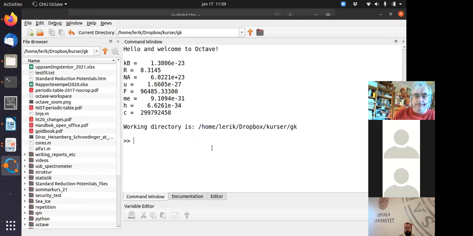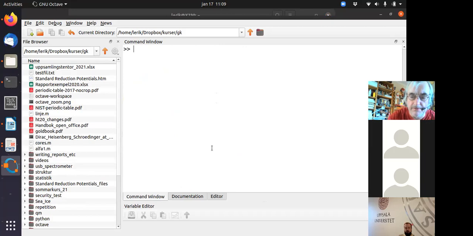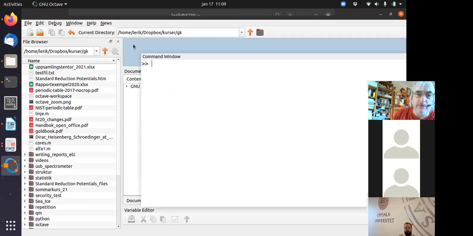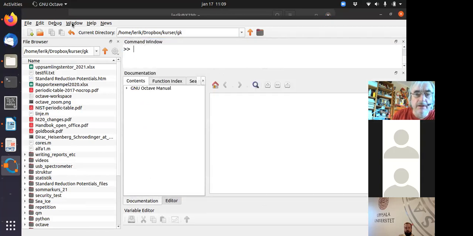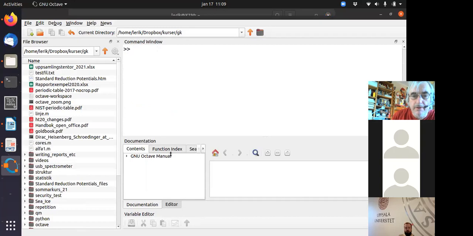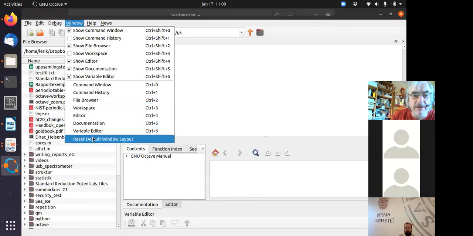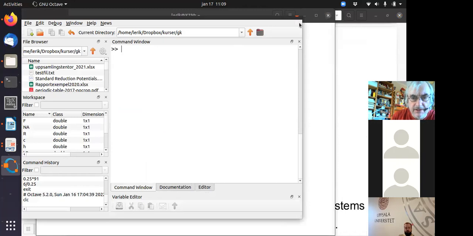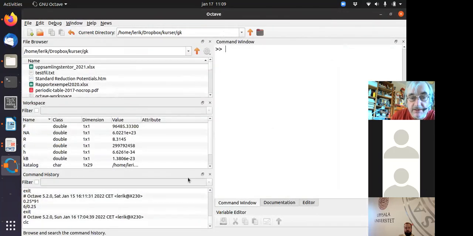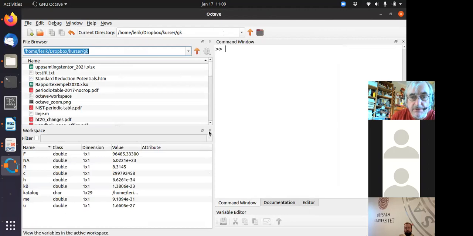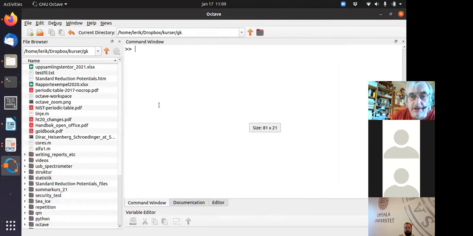So I have it set up as a command window and a file browser here. Let's see if the default setup is something like this. Then I usually close these two, make this one a little bit bigger.